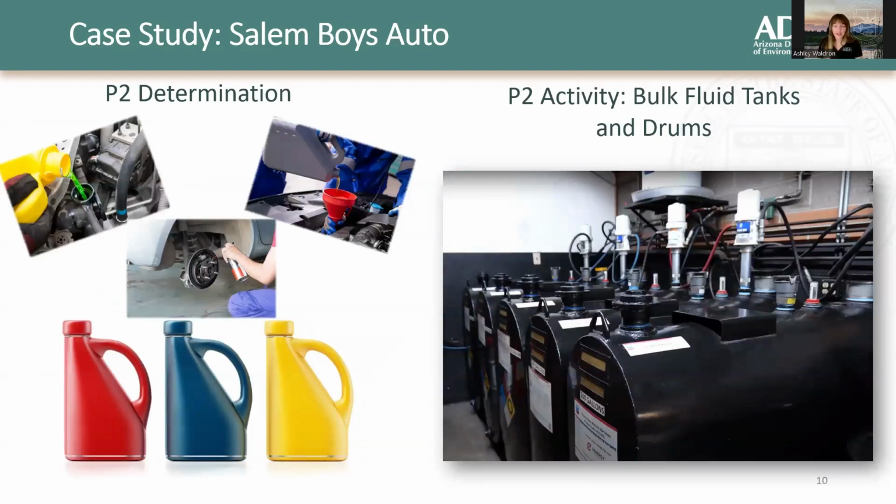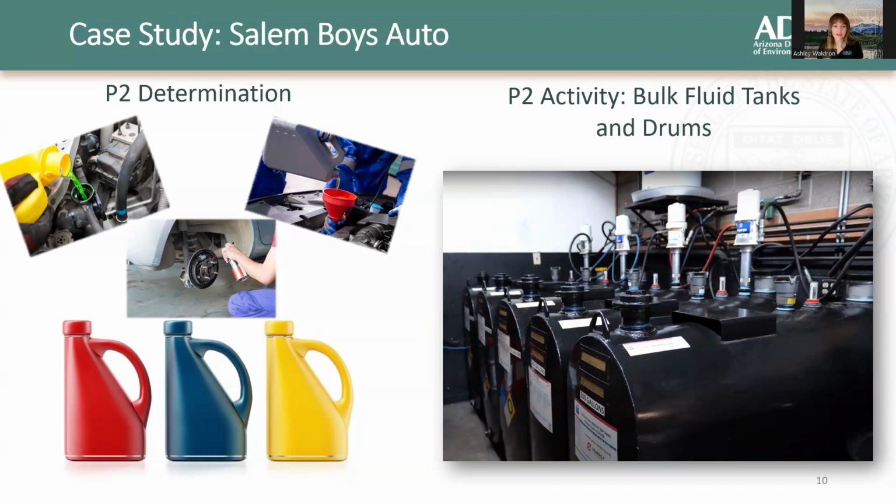So for this case study, the P2 activity that we chose to highlight was the bulk fluid tanks and drums. Back in the 90s, Salem Boys Auto said they encountered a problem, and that was their reliance on small packages of oil and other fluids. The staff had to unpack and pour oil quart by quart, which not only resulted in waste of time, but also materials and money, and just increased the risk of accidents and spills.